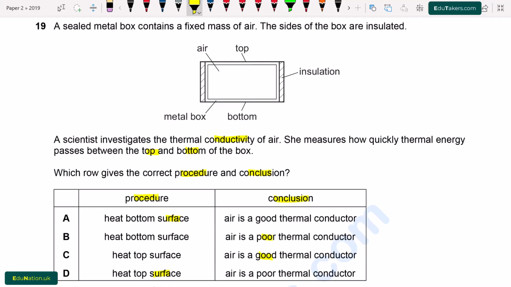So first of all, air is a poor thermal conductor. So only option D or B is correct. Now we have to decide the procedure, whether we heat the top surface or the bottom surface. If the bottom surface is heated, then heat would transfer through the actual movement of the air, because the hot air, being less dense, would rise above the bottom.